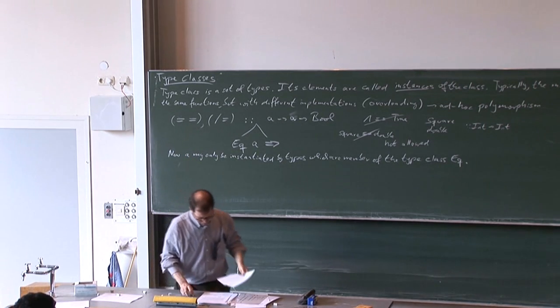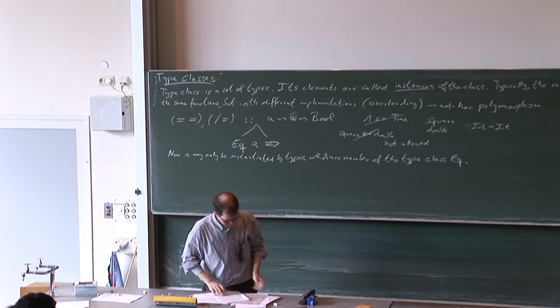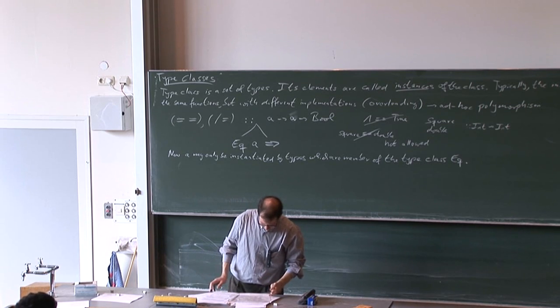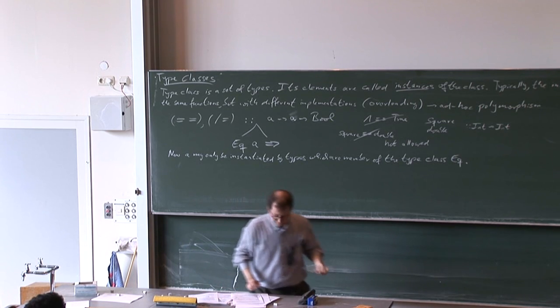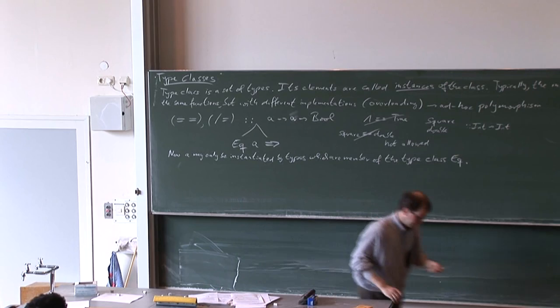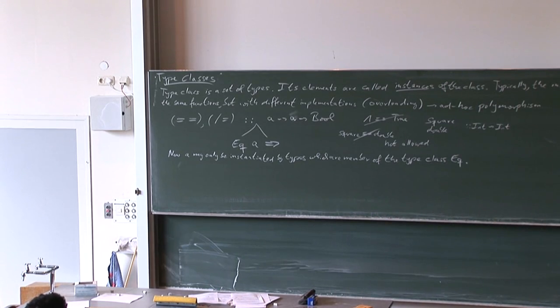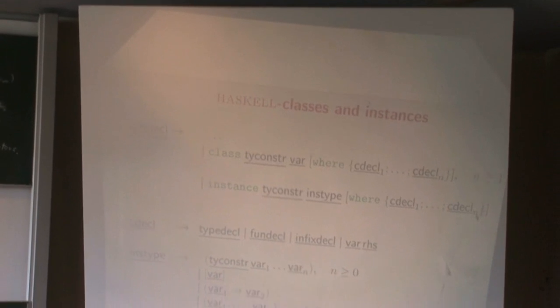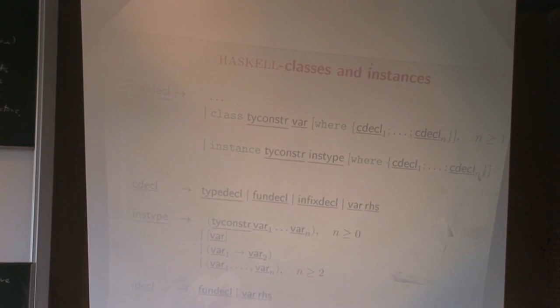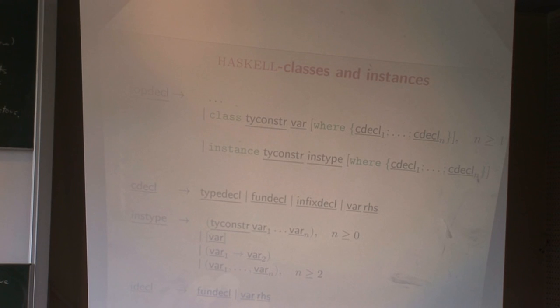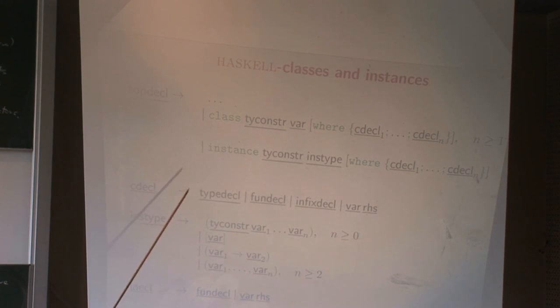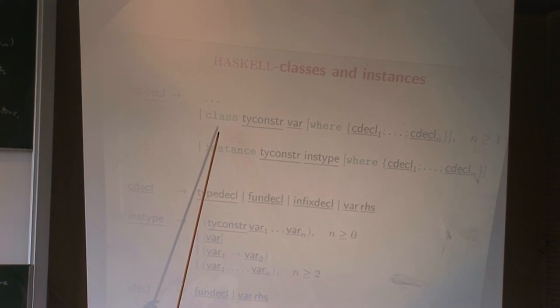So how do we do this? Well, obviously we have to extend our grammar. These are already a few extensions. What we do is, there's now a new form of declarations which starts with the word class.